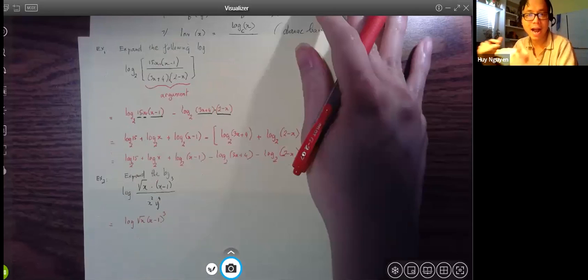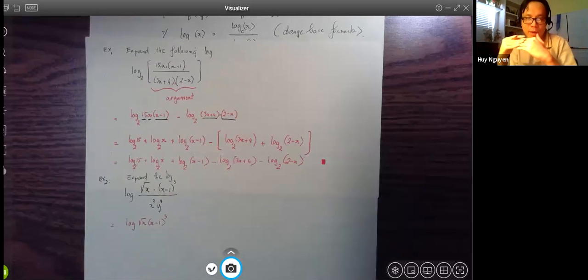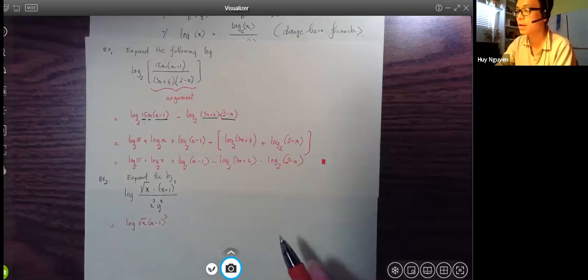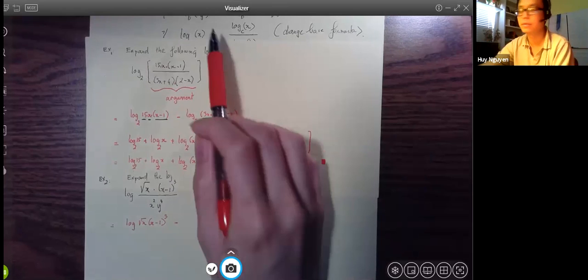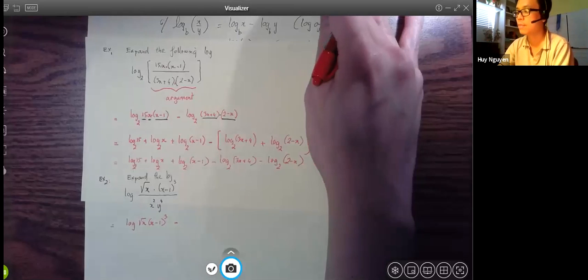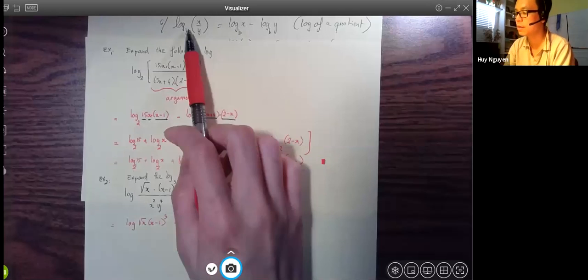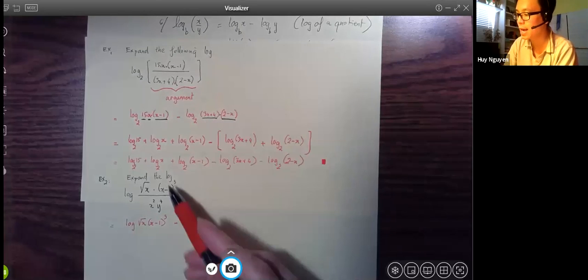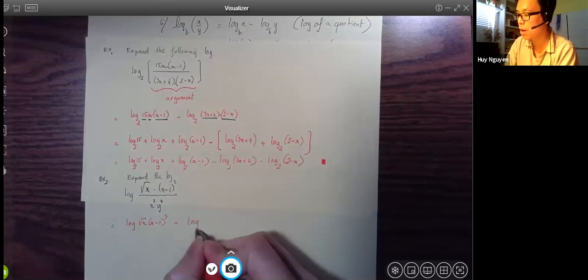You see that the argument and the log, I'm always writing on the same level. So, log of the top minus log base 10 of x squared y to the fourth.